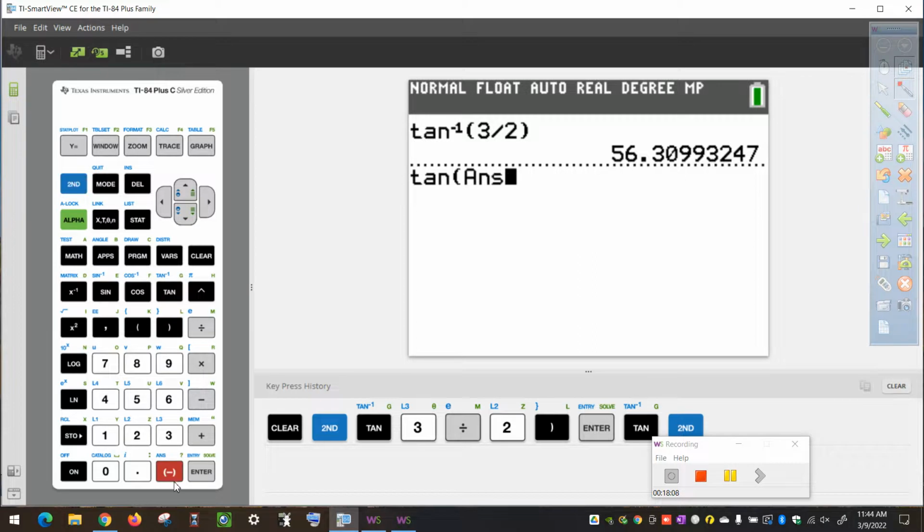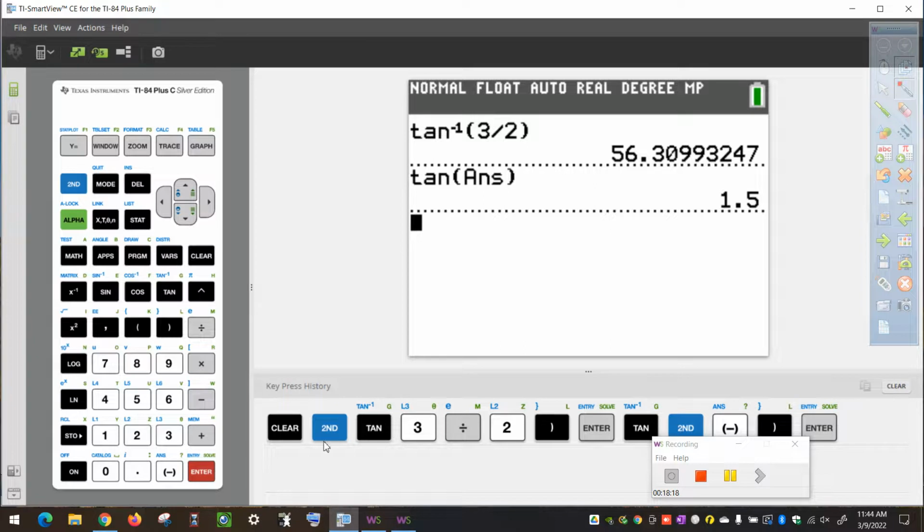That ANS stands for answer. It says exact previous answer, no rounding. And so when we do that, we see that our answer is 1.5, which is the value of 3/2. And so this is a way for us to think about working backwards. To go ahead and write this on our paper, though, I am going to round this maybe just to 1 decimal place and say it's about 56.3 degrees.